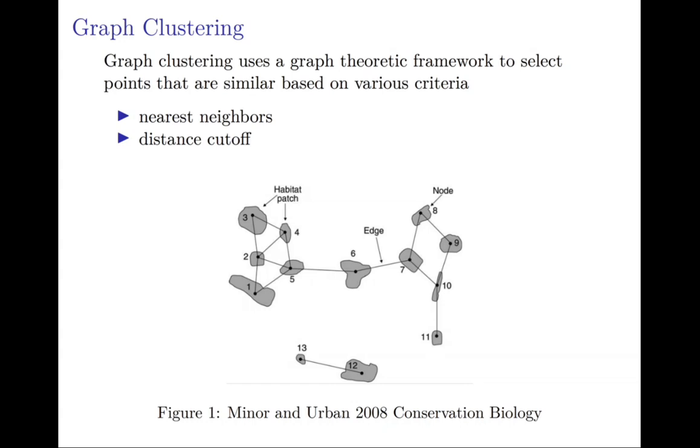And these nodes are then connected by edges. Any two nodes, or here patches, that are connected by movement between them, however defined, that's an edge. And so you create these networks depending on distance between different observations in your data set.